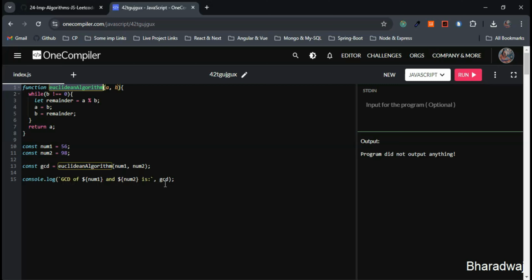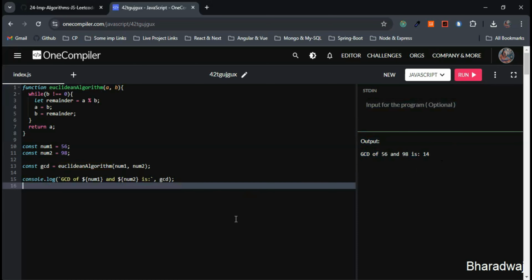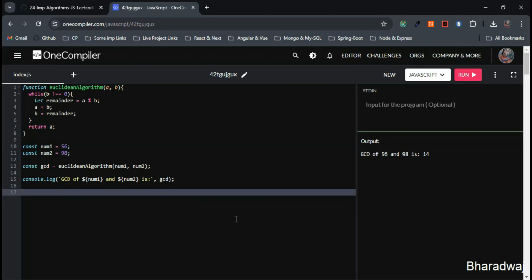The answer has to be 14. Let's try running this code. Yes, the GCD of 56 and 98 is 14, so the answer is perfectly correct.